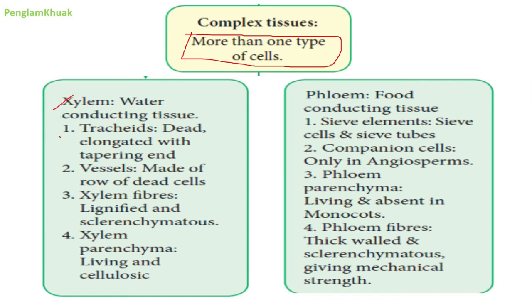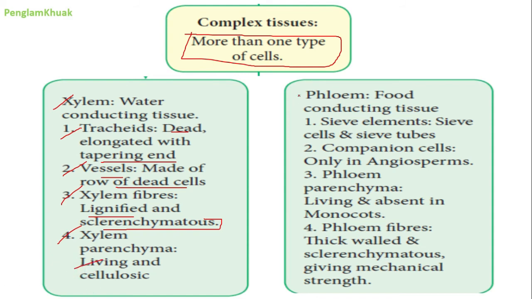Xylem is made up of four types: tracheids, vessels, xylem fiber, and xylem parenchyma. Tracheids are dead cells, elongated with tapering ends. Vessels are made up of a row of dead cells. Xylem fibers are lignified and sclerenchymatous, that is dead cells. Xylem parenchyma are living cells with cellulose.